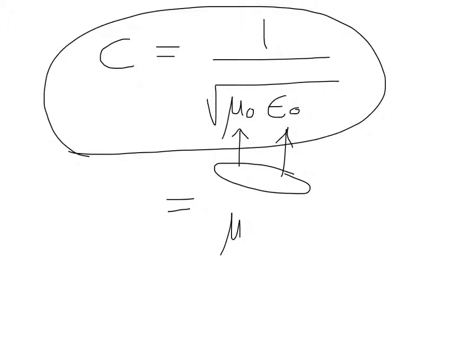That can change the optical density of the materials, which can make the speed of light a little bit slower in those materials. The speed of light is approximately 3 times 10 to the 8th meters per second. But you can check it.